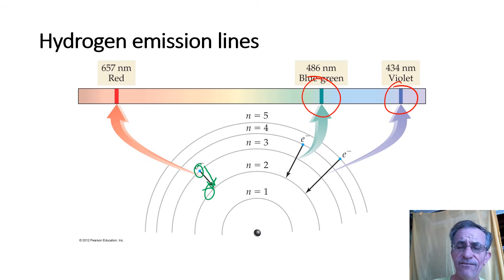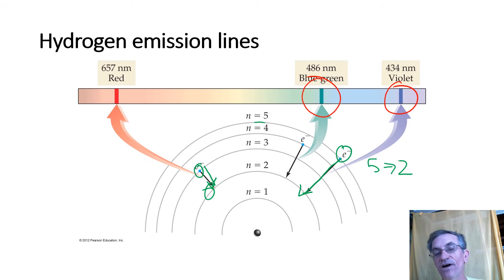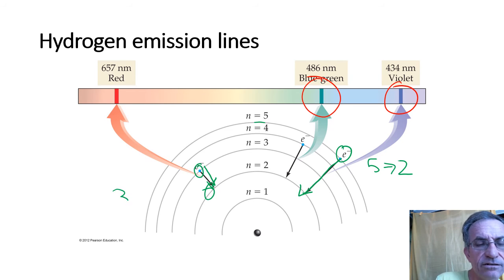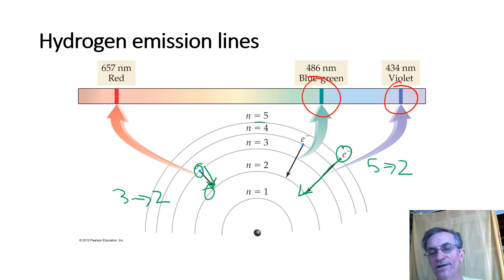Now, if an electron falls a further distance, for example, from shell 5 back down to 2, it's going to give off higher energy light. And higher energy light would be like violet light. So if you have a little energy to lose, shell 3 to shell 2, you give off red light, low energy light.